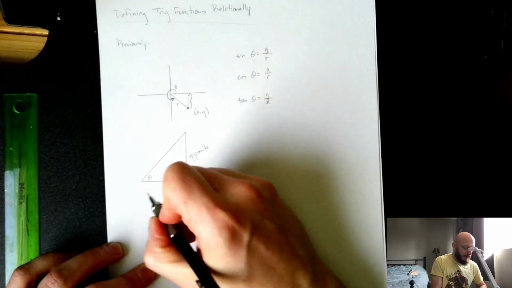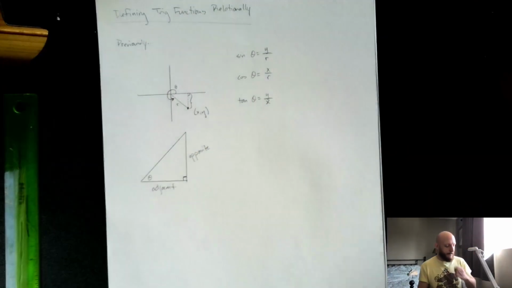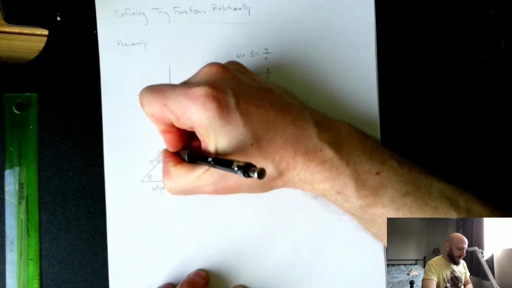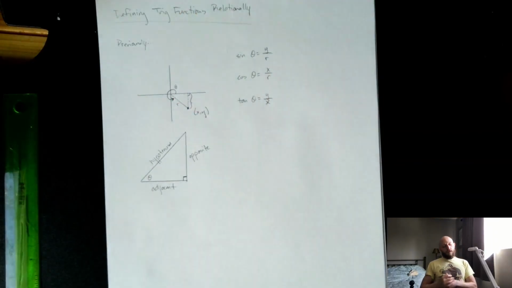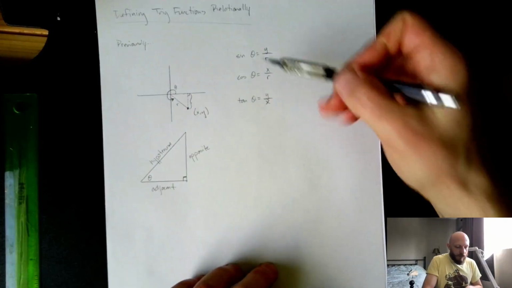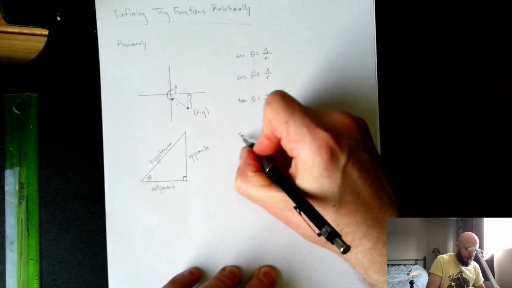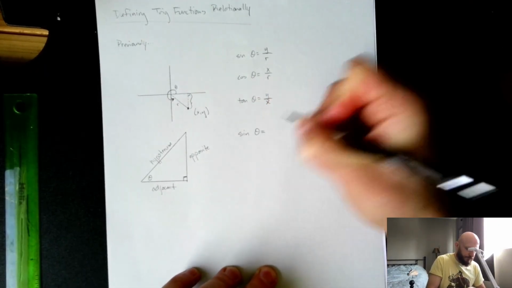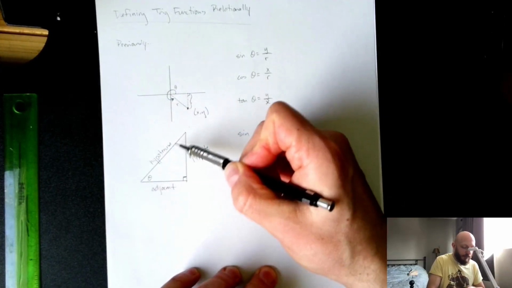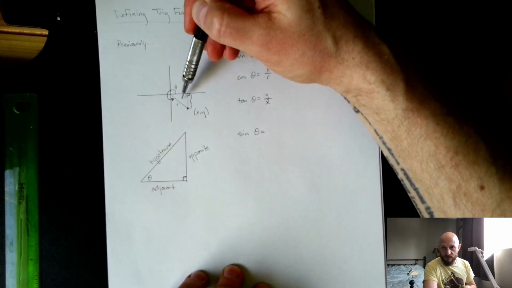The lower leg is the side that is adjacent to theta. And then we keep this as just the hypotenuse. And from this, we can redefine our trig functions based off of this arbitrary triangle. So sine of theta is equal to the opposite side divided by the hypotenuse, which is exactly what was happening in our analytical case too.